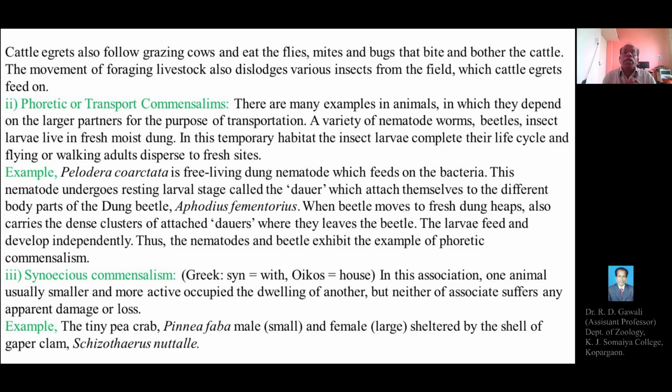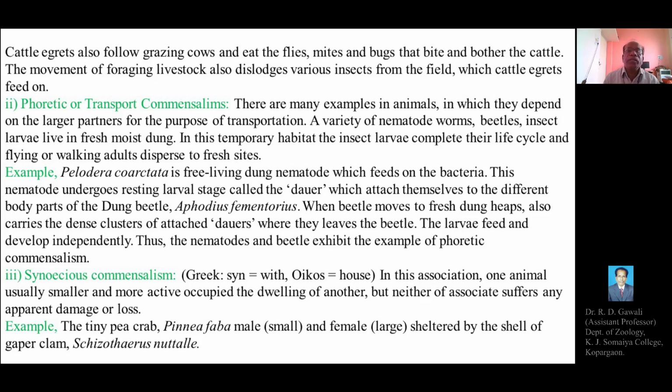So there are different types of insects hiding in the vegetation or in the grass, which are exposed by the feeding cattle, horses or cows, and which will be used by the cattle egret as food. Together with the insects like flies, mites and bugs, which cause harm or bites to the cattle, that are also eaten up by the cattle egrets.